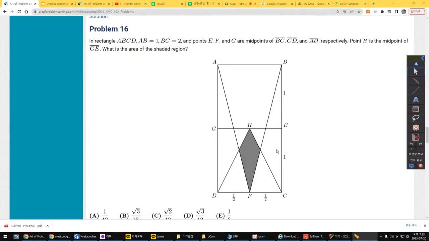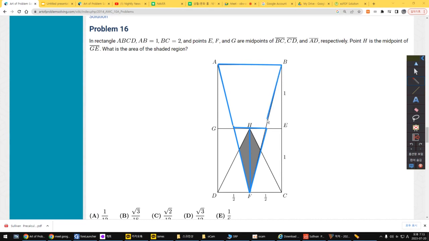So in this case, we can divide this kite, the diagonal with HF, and then because this triangle is similar to this triangle.